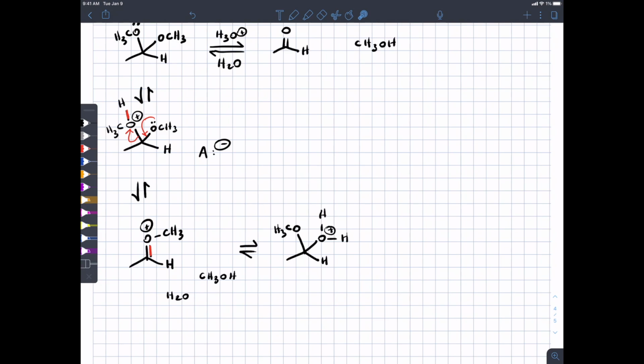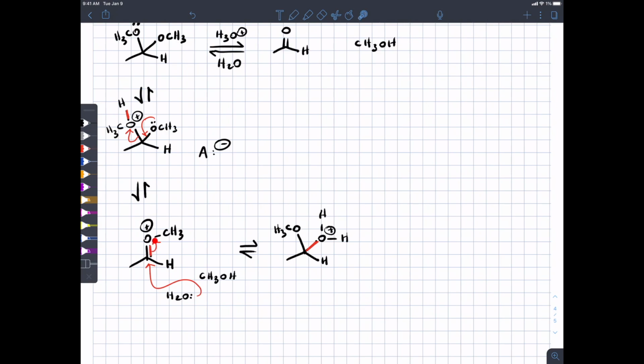So how do you think I get from here to here? Water attacks. You break the pi bond. This arrow tells you that you make this new oxygen-carbon bond.